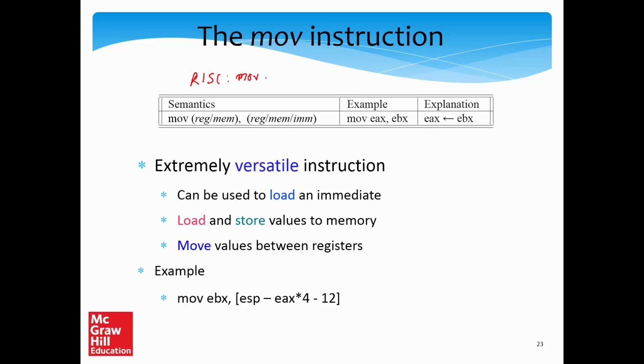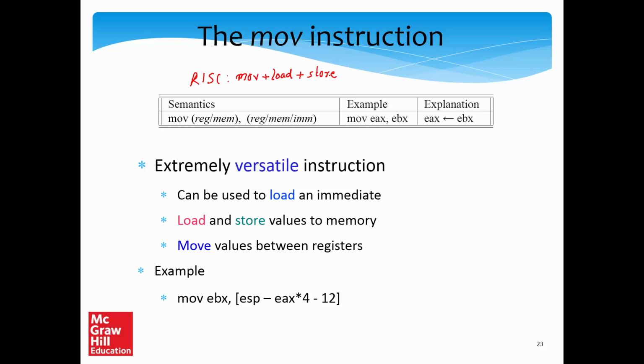So we can think of it as a RISC move plus it's also a load. You can load a value from memory and put it in a register. And it's also a store. It can store something from a register to a memory address. So the move instruction in x86 is equivalent to a RISC move, a load, and a store all combined into one. So what is the semantics?